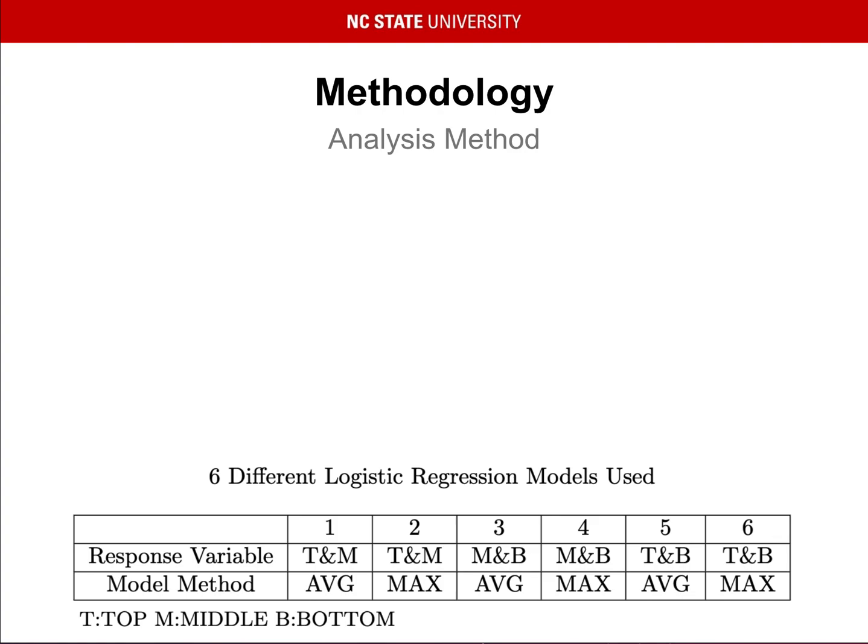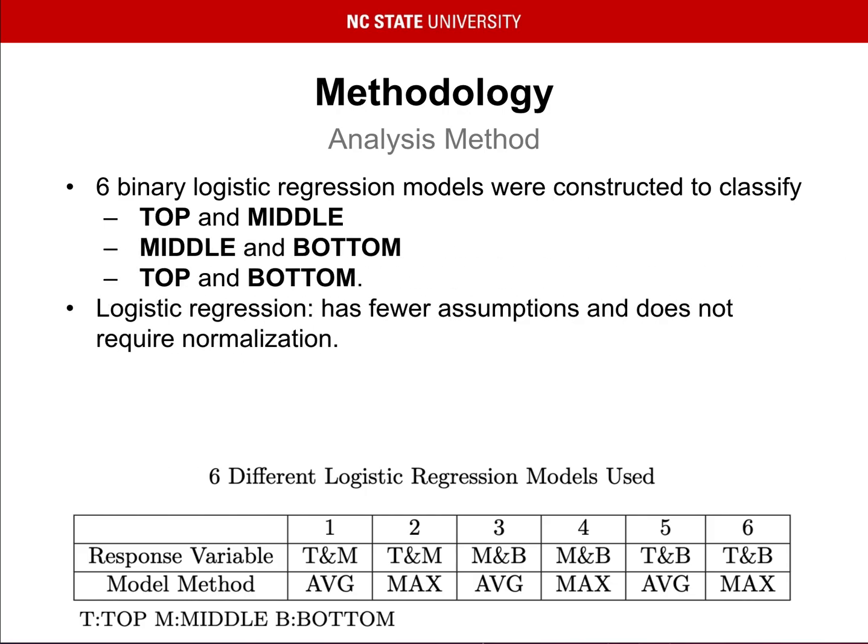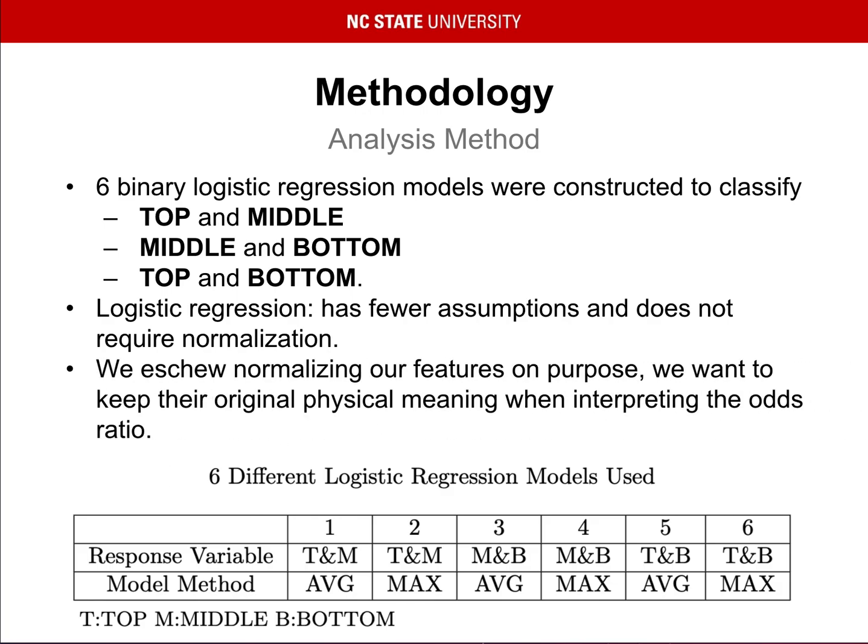We then constructed six binary logistic regression models to classify top and middle, middle and bottom, and top and bottom. We chose logistic regression as our modeling method because it has fewer assumptions and does not require normalization. We eschew normalizing our features on purpose since we want to keep their original physical meaning when interpreting the odds ratio.